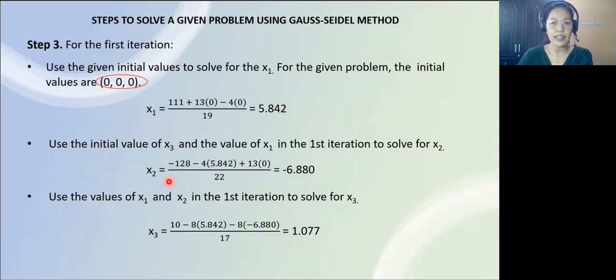So to solve for x2, we will be using the computed value of x1 and the initial value of x3. So for x2, we have negative 6.880. For finding the value of x3, we will use the computed values of x1 and x2. So x3 will be 1.077.